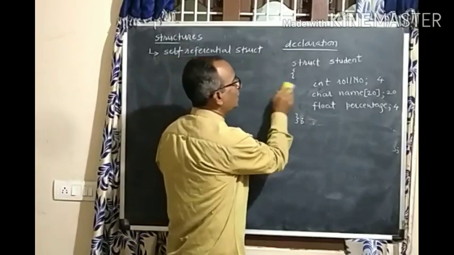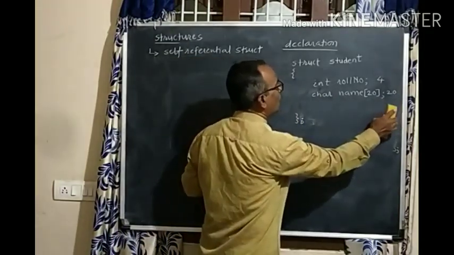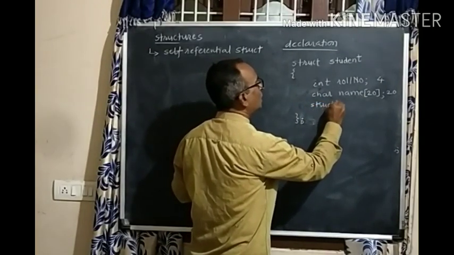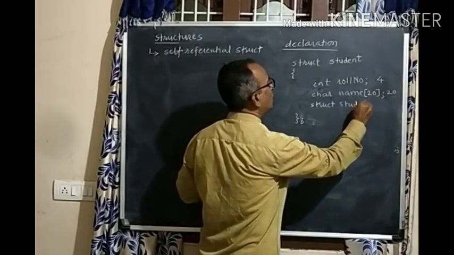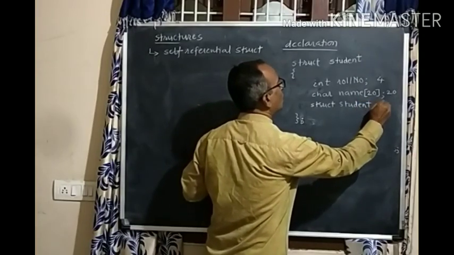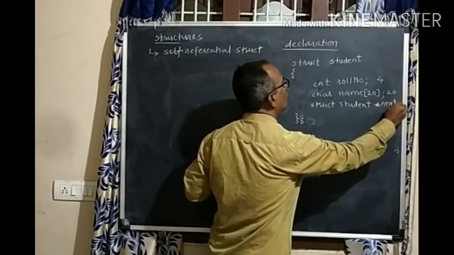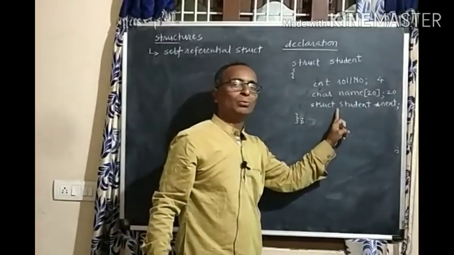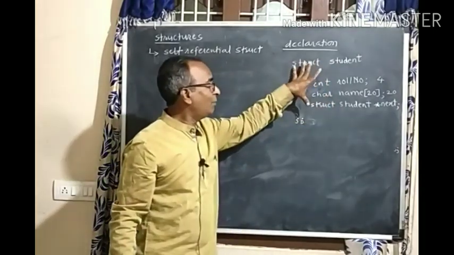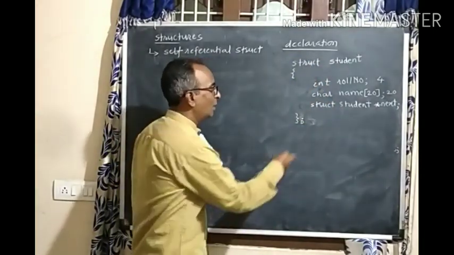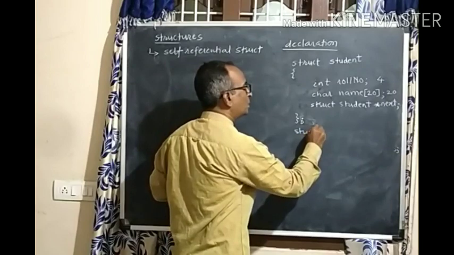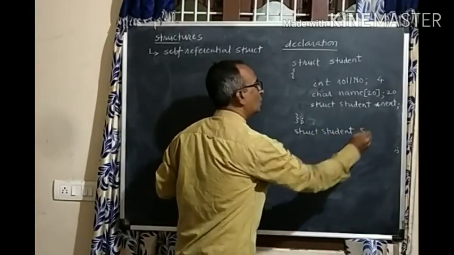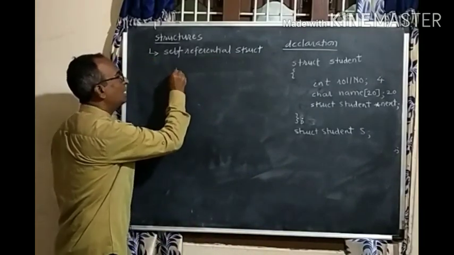So here, suppose I have this structure and I have a member like this: struct student *next. Now next is a pointer to struct student. It means if you are creating a variable of this type, struct student S, S will be given memory.